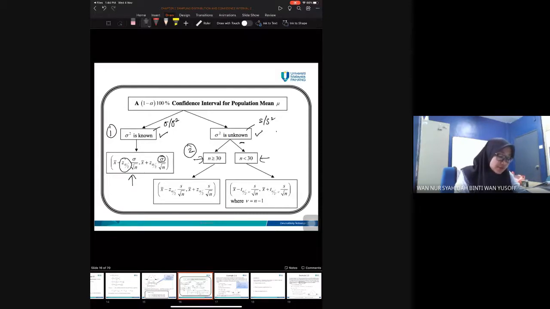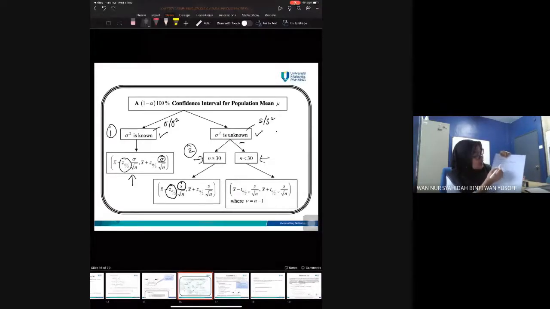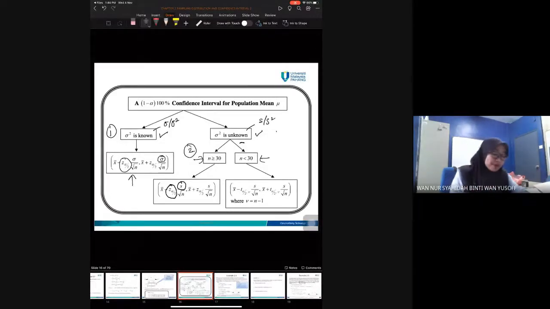When n is greater than 30, we use Z with S. So in your statistical table, the formula with S and Z is for the unknown, because it has S, not sigma, and Z for the larger sample, n greater than 30. That's how we know.